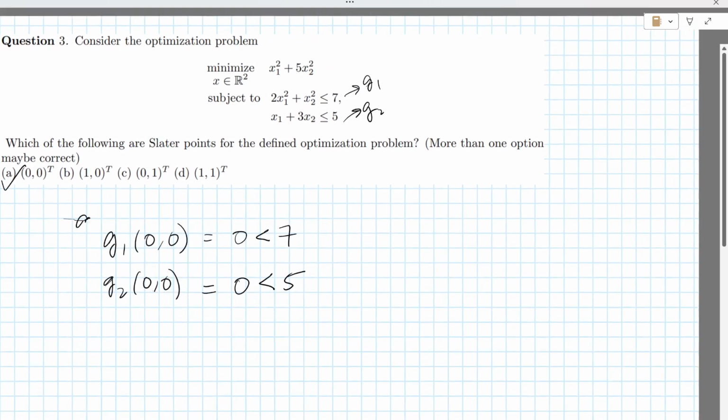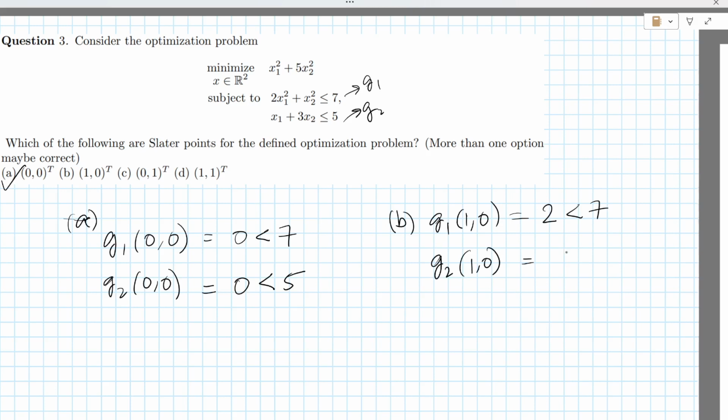This is A, and then at G1(1, 0), that is equal to 2, which is less than 7, G2(1, 0) is 1, less than 5. So this is also a Slater point.